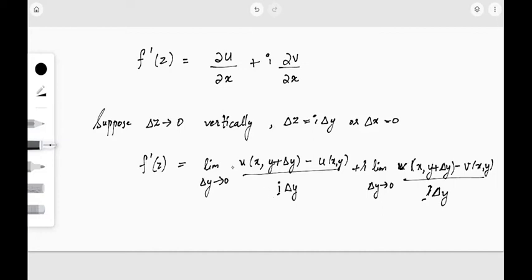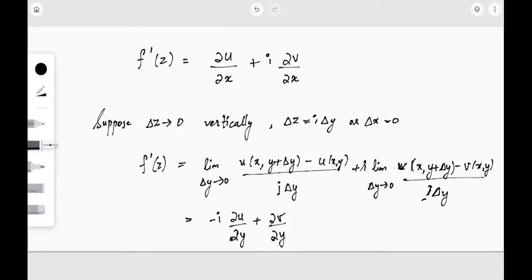So instead of multiplying and dividing by I, we will multiply and divide by minus I. So the denominator will become minus I square, that will become 1. So this is nothing but minus I into the rest of the term, which is the term of dou u by dou y, plus dou v by dou y.